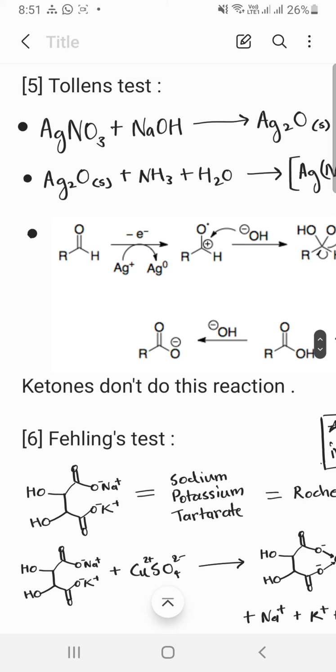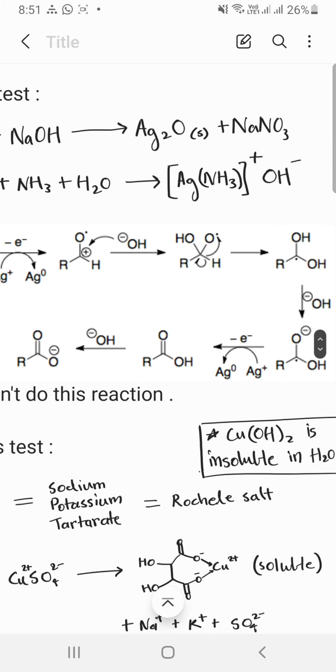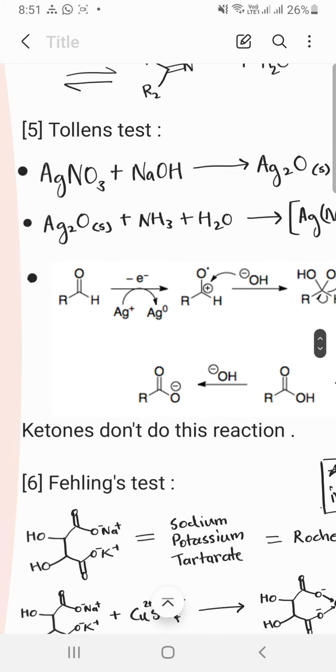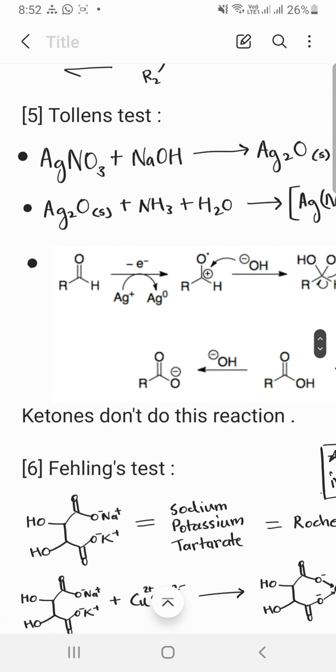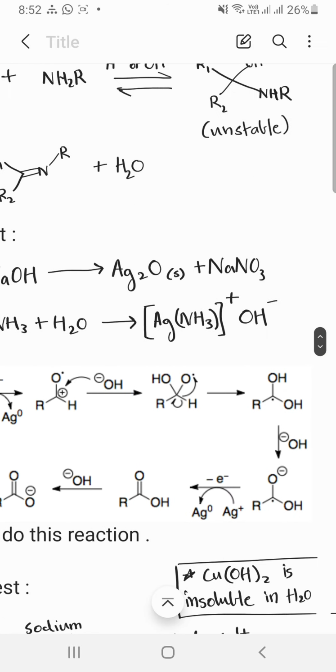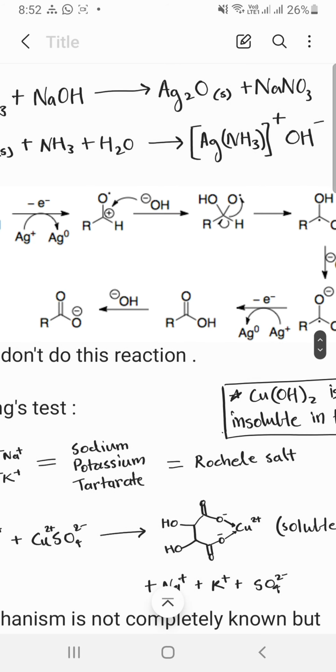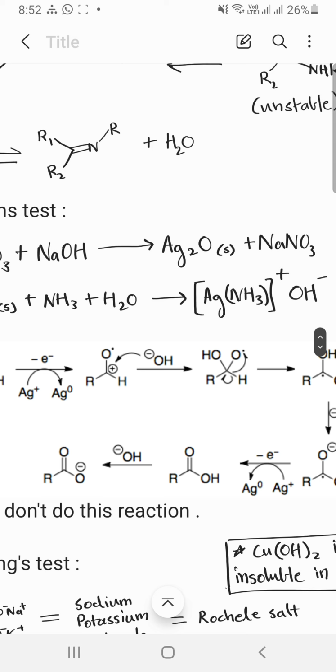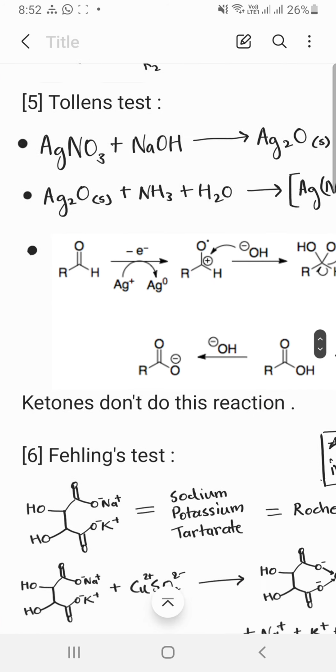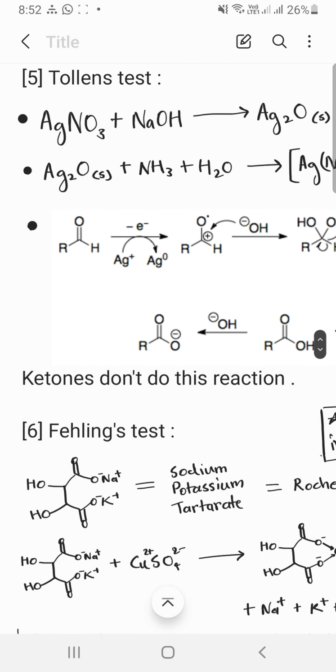It's always just Ag plus coordinating to oxygen and then breaking away homolytically. That's the whole thing. It doesn't coordinate to carbon whatsoever. So you saw that H radical shift over there. That's a very important part, because it basically tells us why ketones can't do this.